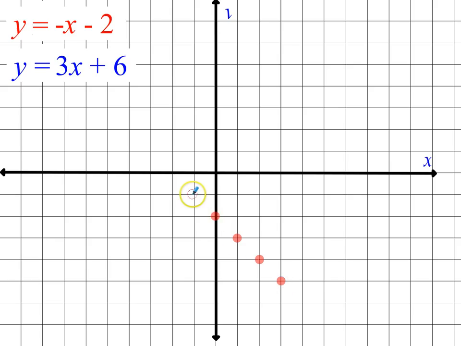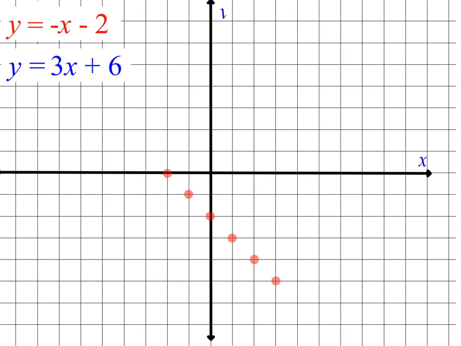I can go up 1, left 1, got one here, up 1, left 1, got one here. And I can continue on this line. Let's get a line going here, we'll make it red, and put it all the way across the graph.